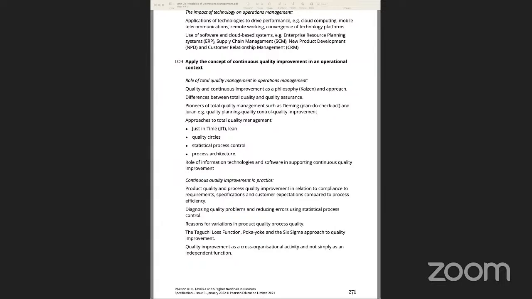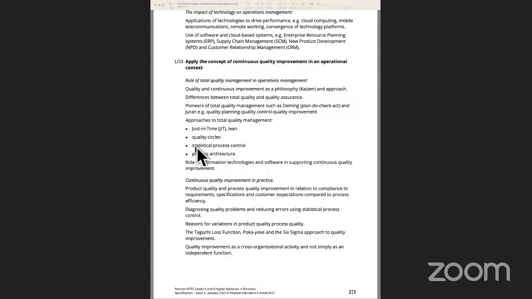So here is where we are looking at understanding the concepts, and then in the second part of what we are going to discuss today, we are looking at understanding how we apply some of these techniques that we studied yesterday.